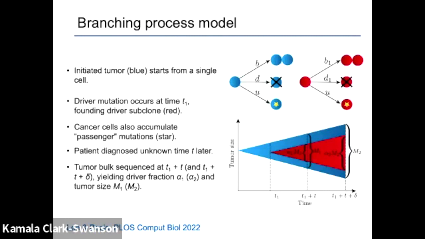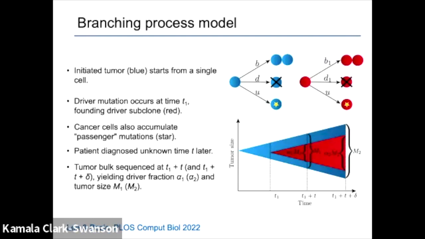The birth and death parameters are different for these two subpopulations. They are B and D for the parental and B1 and D1 for the subclone population. What makes even this simple two-type process complicated is that we also allow passenger mutations to accrue, and for simplicity, we allow them to accrue at mutation rate U in both populations.